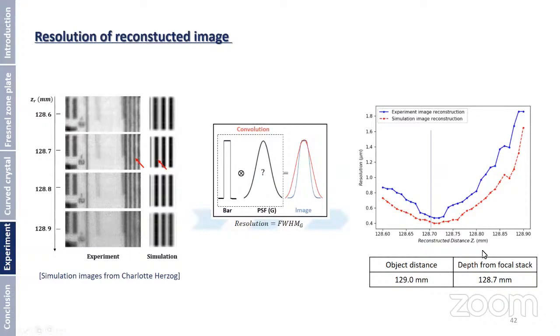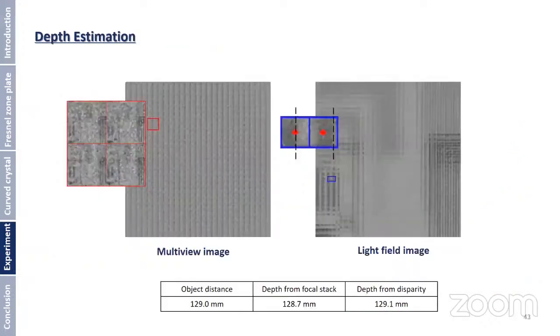This value we extracted from the focus image stack, 128.7 millimeter, agrees well with the experimental object distance of target one. As we presented before, the depth information of the target can also be extracted from the disparity measured in the multi-view images. However, in our case, we have much fewer microlenses, but each microlens image is larger.